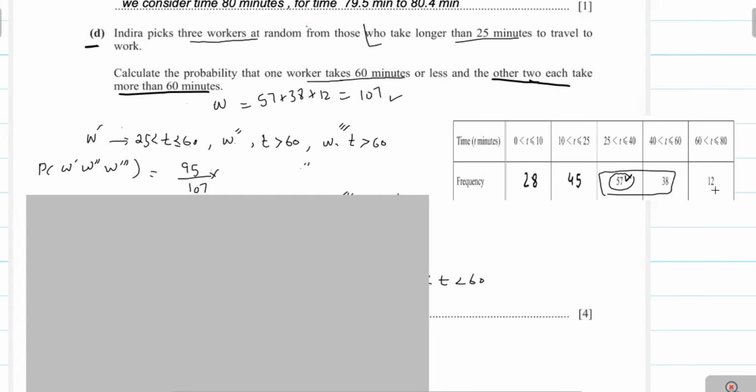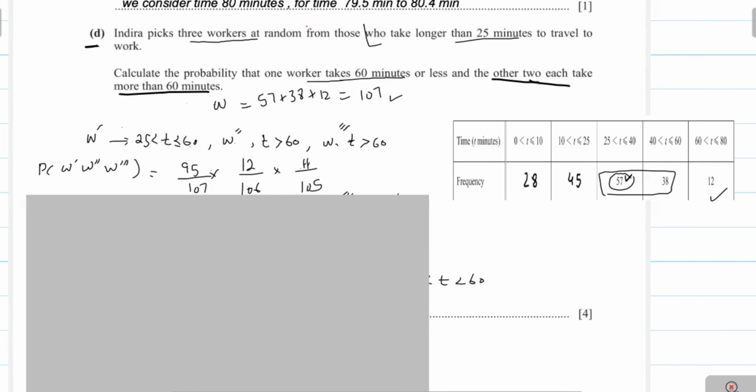Here there are 12 workers, so 12 out of 106 because one worker is already selected. Next we select the worker who takes more than 60. There are 12 workers and one is already selected, therefore 11 workers out of 105, because two workers are already selected.